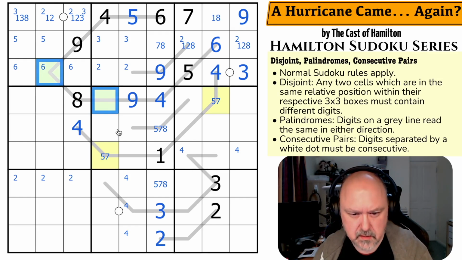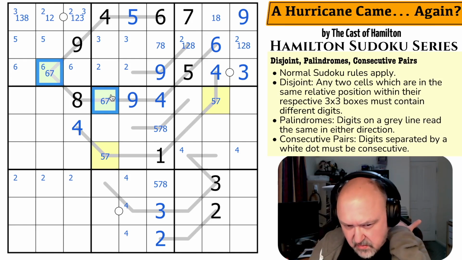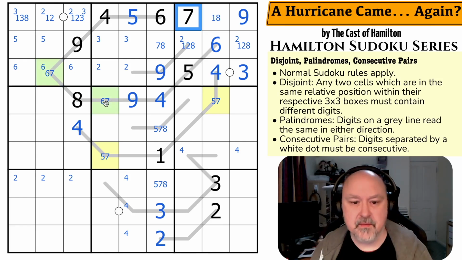Let's use green. Now they can't be 1. They can't be 2. They can't be 3, 4, 5. They might be able to be 6. They're 6 or 7 because they can't be 8 or 9. Now, is any of those impossible? Not inherently. Yes, can't be 7.